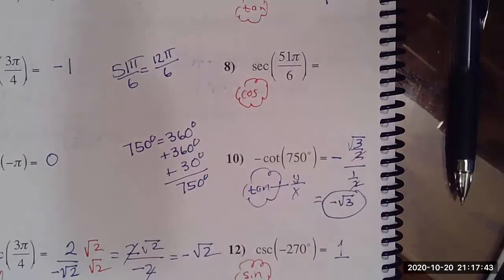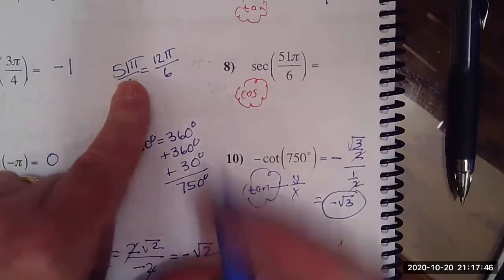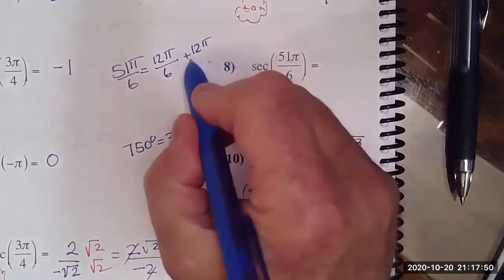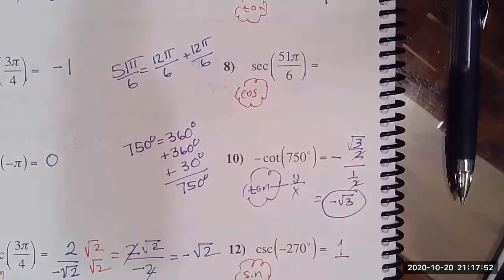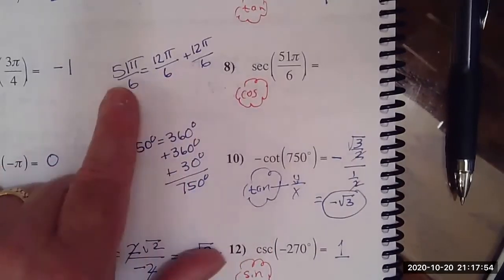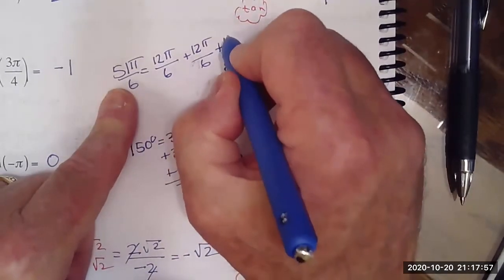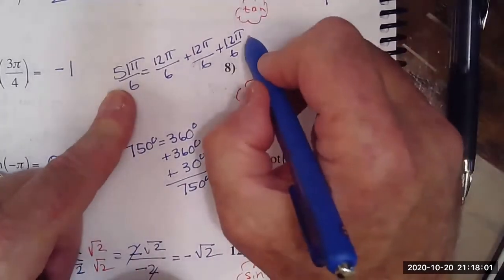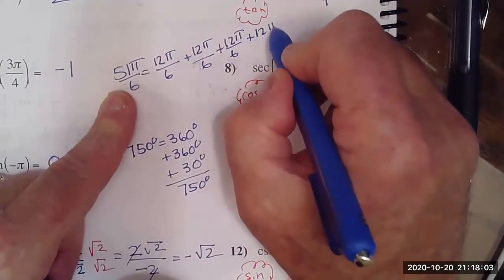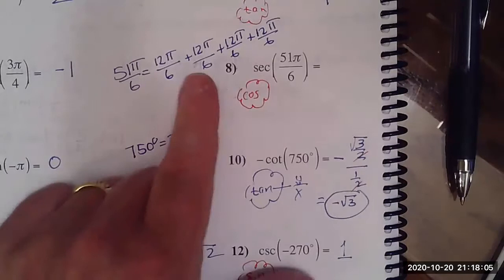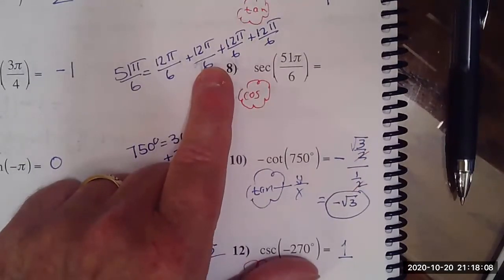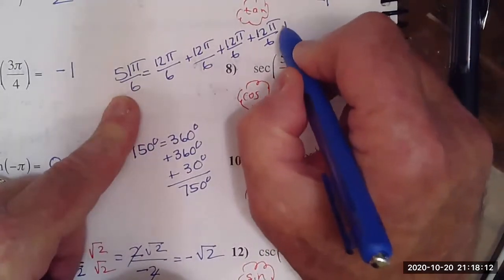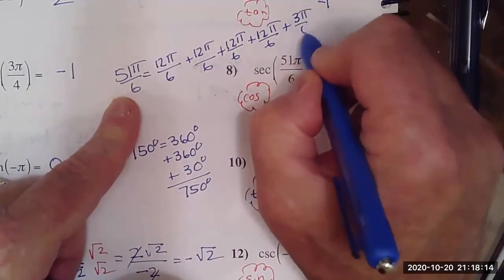So 12 of them, and I've still got a lot more to go. Another 12 pi over 6, that's 2 pi. Together, that's 24. Do another one, 36, do another one. All together, that's 48 pi over 6, and I've got a leftover of 3 pi over 6.